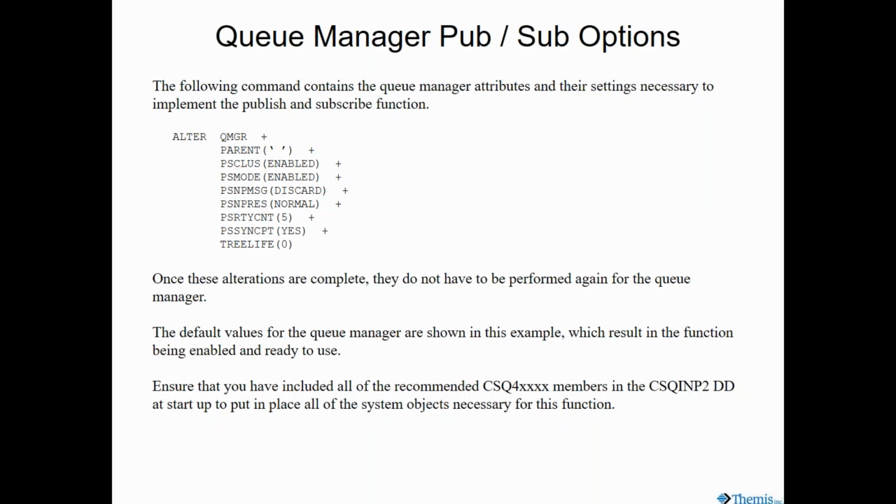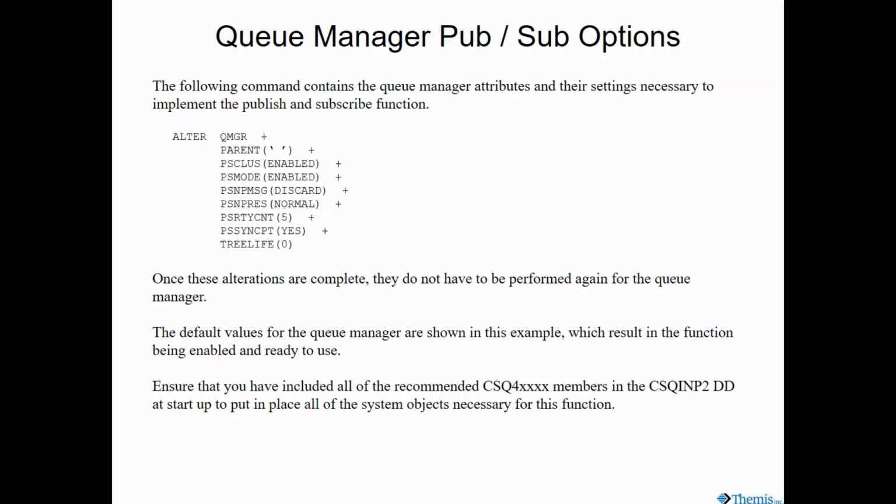The next one, PSNPRES. If we're dealing with non-persistent replies, what do we want to do with them? Well, the default here is NORMAL: if they cannot be delivered, they're written to the dead letter queue.